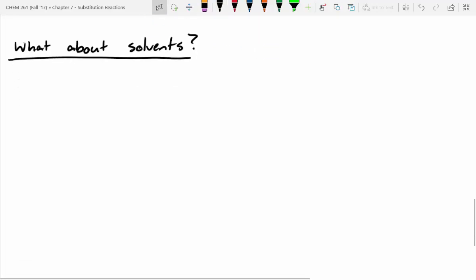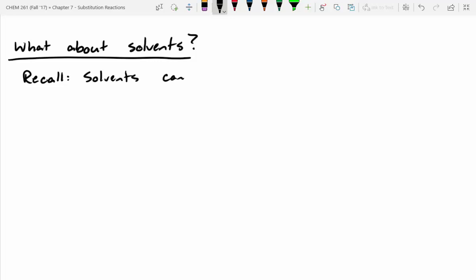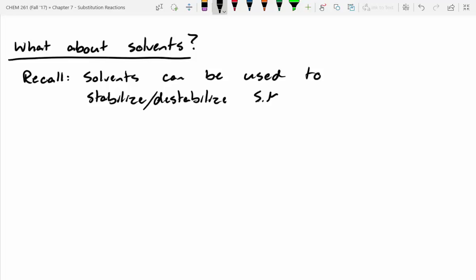All right, so what about solvents? Let's go back and talk about what we did yesterday. We said yesterday that solvents can be used to help favor a reaction by destabilizing or stabilizing things, right? So solvents can be used to stabilize or destabilize your starting materials, your transition state, which we saw in the pod, and/or your product.